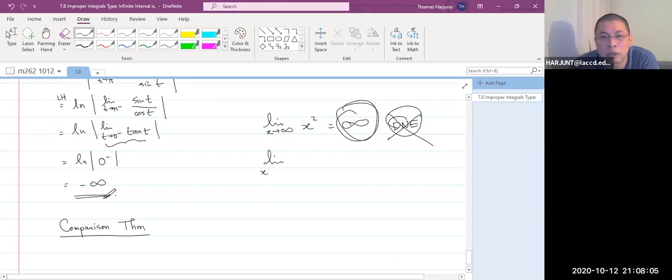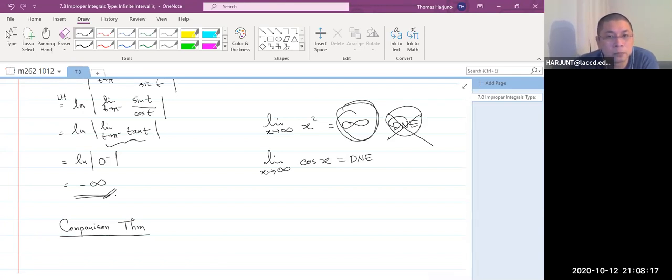The limit as x goes to infinity of cosine x, for example, this does not exist. Does it go to infinity? No, it's not going to infinity. In fact, cosine x is always bounded between -1 and 1.